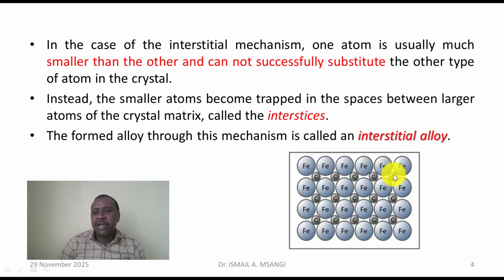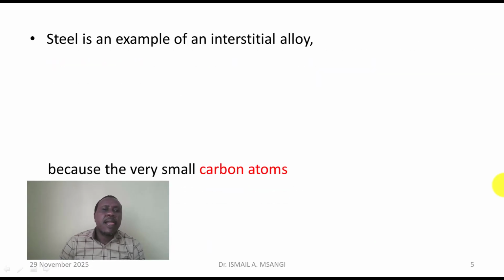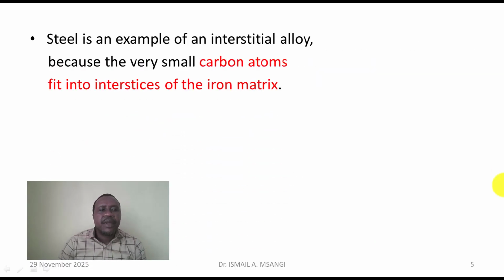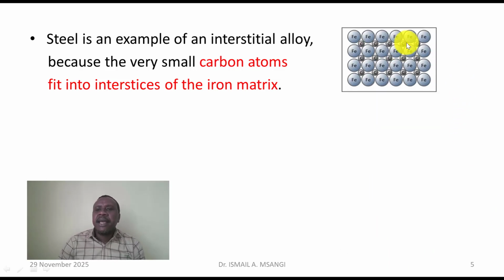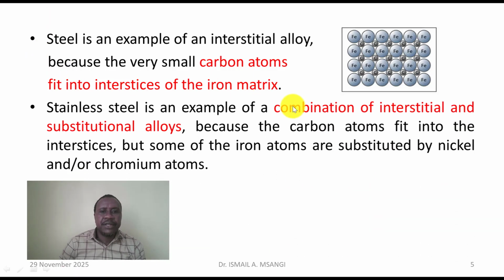Instead, carbon atoms become trapped in between the iron atoms and form interstitial alloys. And this is one of the best examples of interstitial alloy, where carbon is trapped between the iron atoms to form steel.